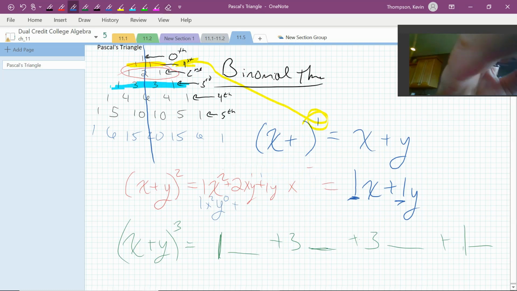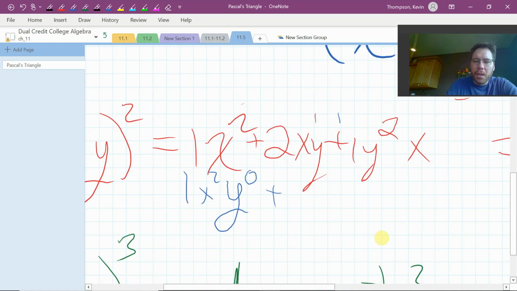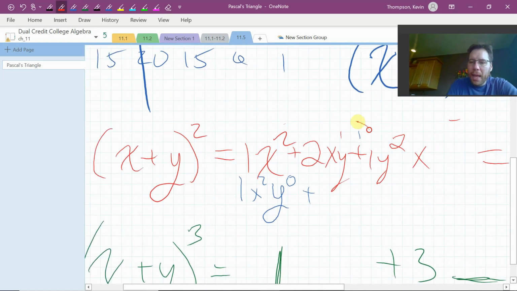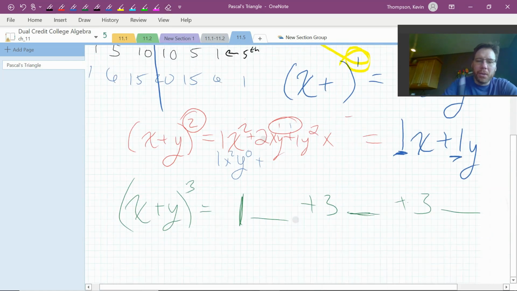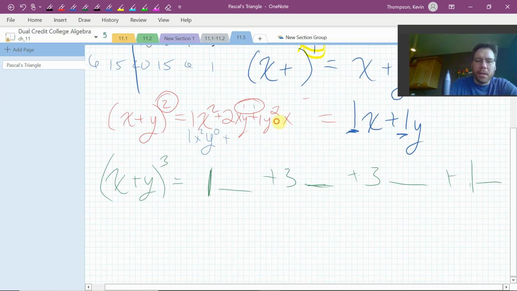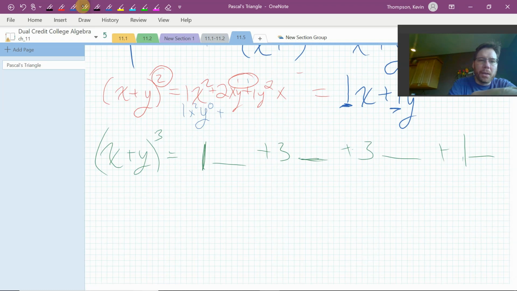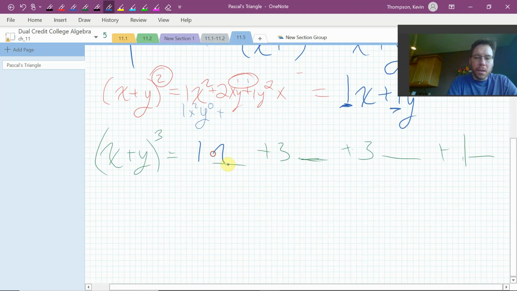Now, it's actually even a little bit more than that. If I think about what the exponents have to add to, they're always going to have to add to whatever the exponent was of the thing I'm expanding. I'm going to say a little bit more about that in a minute, but to expand this x plus y quantity cubed, we would say 1, it's got to be an x cubed, y to the 0, but I don't need to write that because that's a 1.